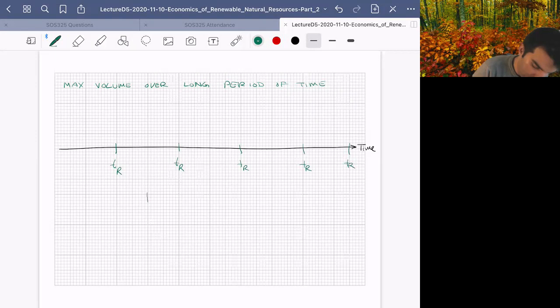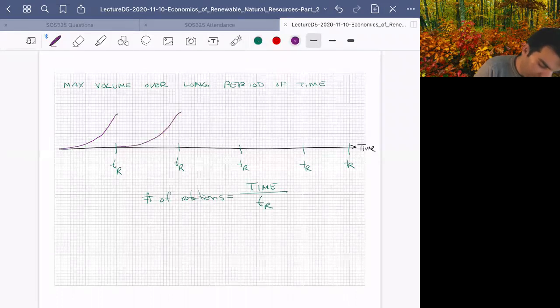And we know the number of rotations is just going to be equal to the total time we're considering divided by TR. And then the actual growth per rotation is going to be that growth curve repeated over and over again.